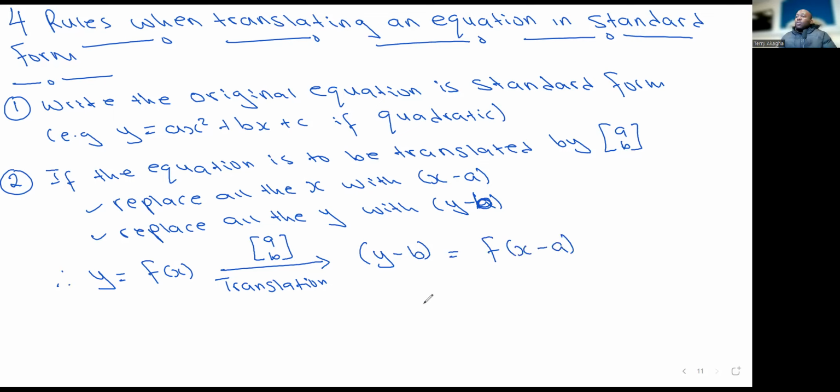To make it easier to understand, I'm going to put the b in brackets, because in some cases this b can be positive or negative. So y minus (b) will be equal to f of (x minus a). The a can also be positive or negative.